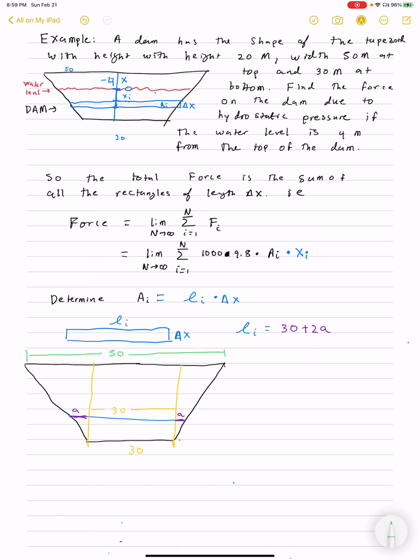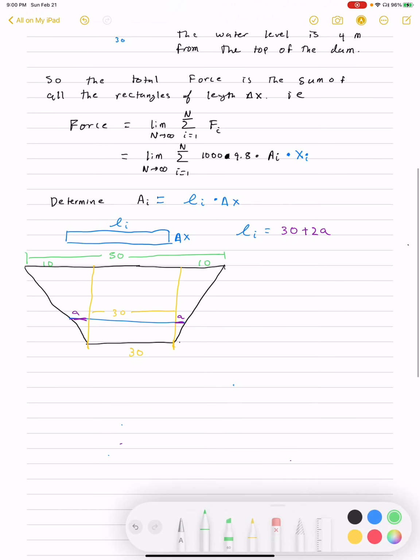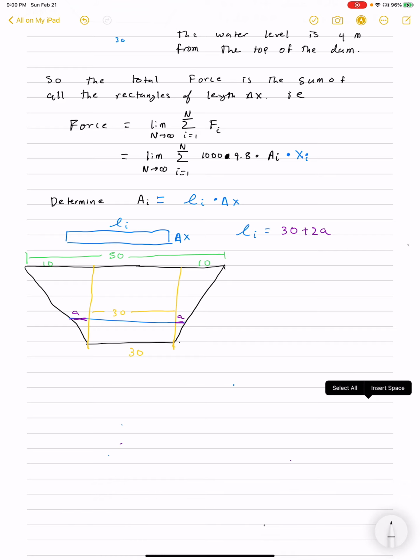So 50 minus 30, that's 20, but then I have to distribute that evenly to both sides. Remember, this picture should be symmetric. So there's going to be 10 and there's going to be 10 here. Okay. And so let's focus in on just a little portion of this. So we can see that there's a triangle. Let's look at this triangle.